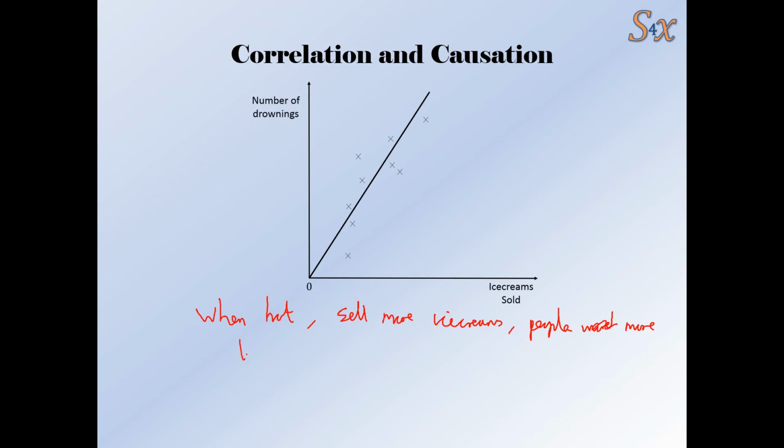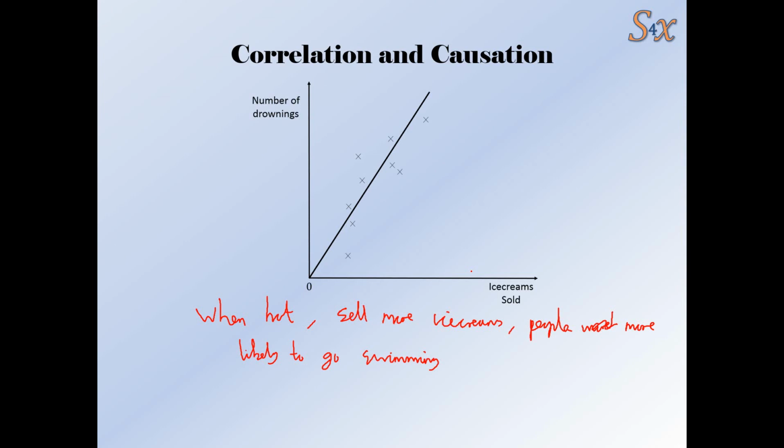I'm just going to write this down just so there's a note of it. So that's probably what the link between these two variables is. It's not that buying an ice cream makes you more likely to drown. It's that if it's very nice weather, you're going to tend to sell more ice creams, and also people tend to want to go swimming in lakes and rivers more, and obviously that leads to potential for more drownings.